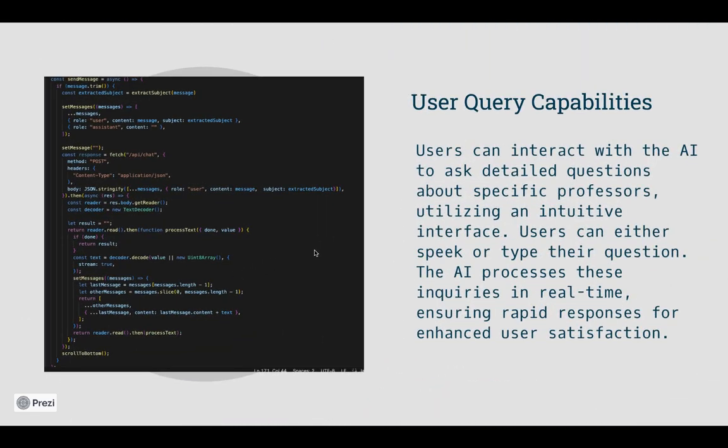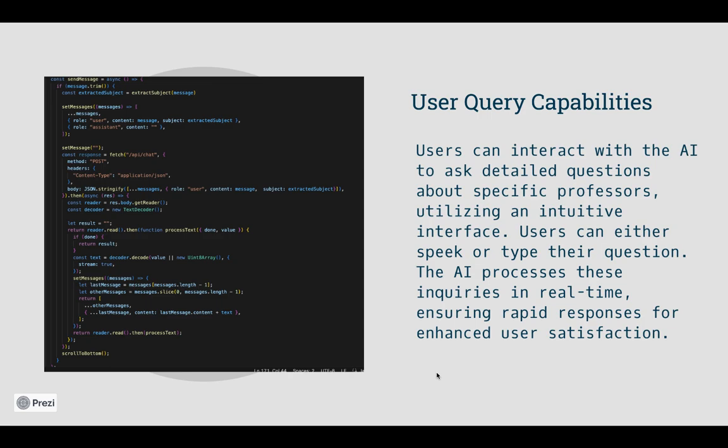User queries. So users can interact with the AI to ask detailed questions about specific professors utilizing an intuitive interface. Users can either speak or type their question. The AI processes these inquiries in real time, ensuring rapid responses for enhanced user satisfaction.